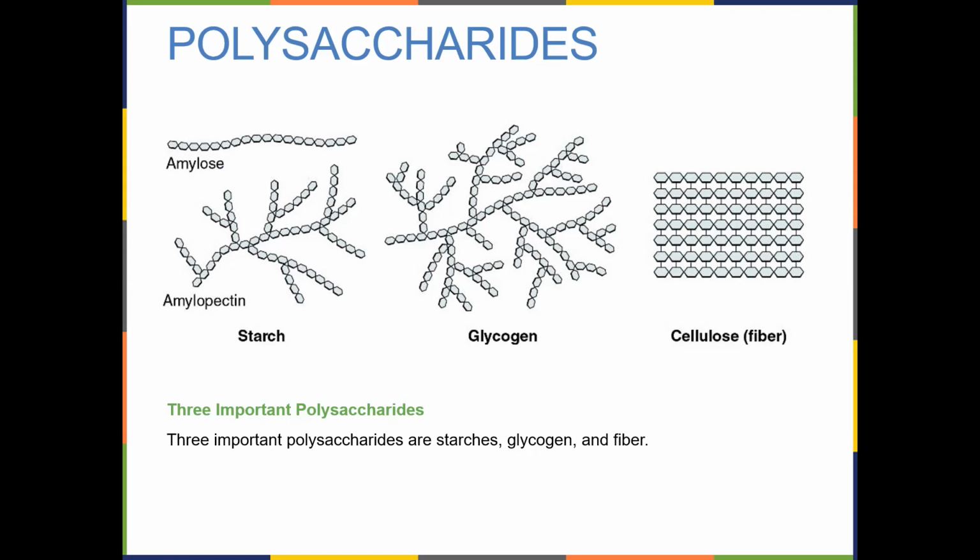So our bodies can't process cellulose. Plants will store some of their sugars by converting them into cellulose. And so we can eat it, but we can't process it. It becomes what we call fiber.